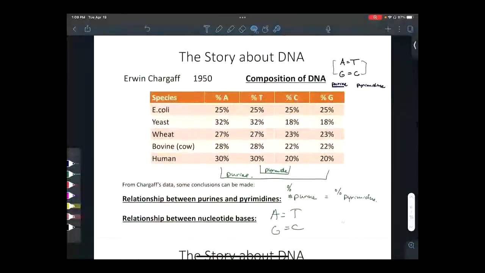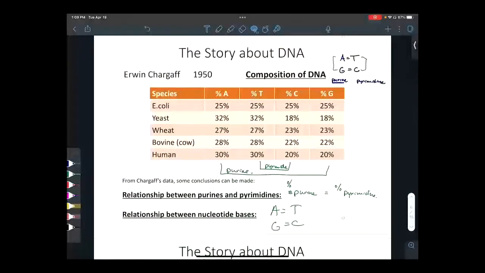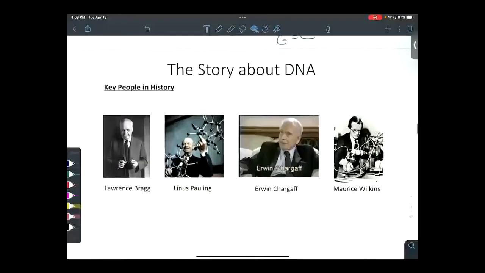So that tells us how we get the order of DNA and how those two strands always go together. The story about how we got to the structure of DNA involves a lot of different people. You see that right here. Lawrence Bragg was responsible for X-ray crystallography, and that's how we were able to get the double helix structure of DNA.